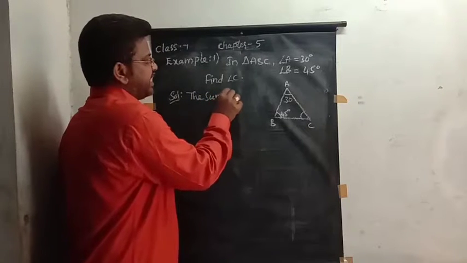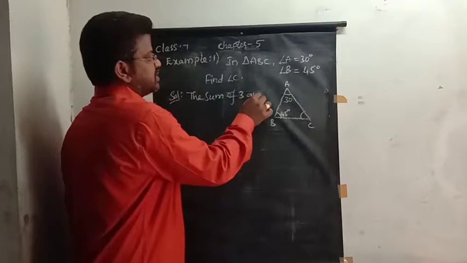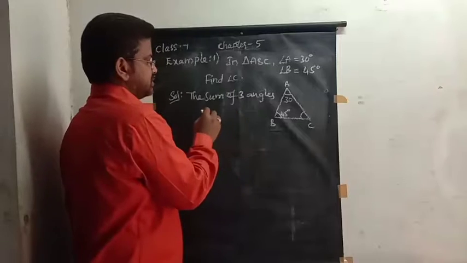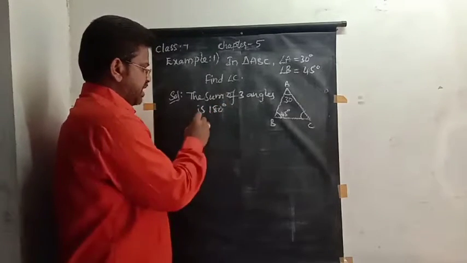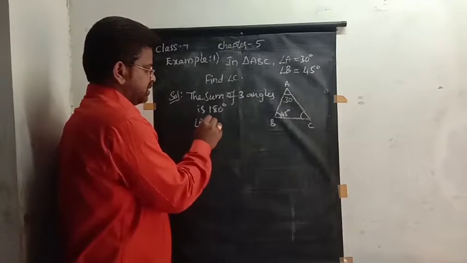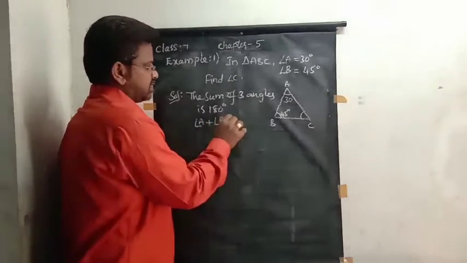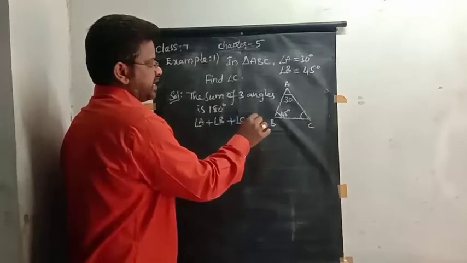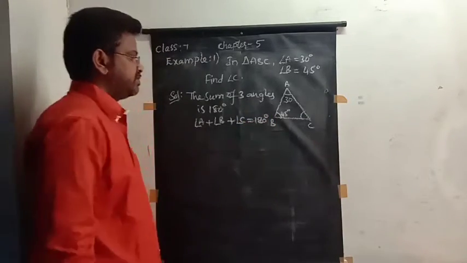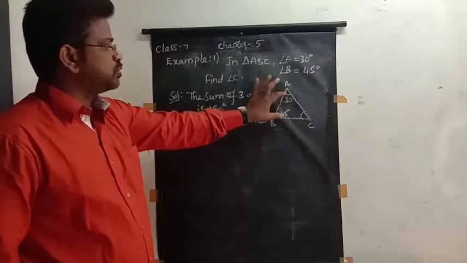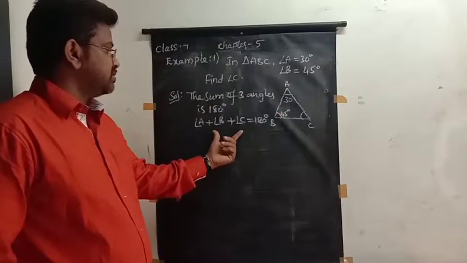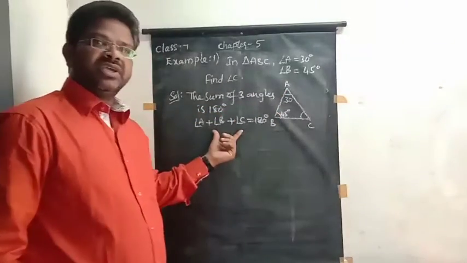the sum of three angles is 180 degrees. That means angle A plus angle B plus angle C equals 180 degrees. So you know angle A and angle B, and we have to substitute those values in the equation.